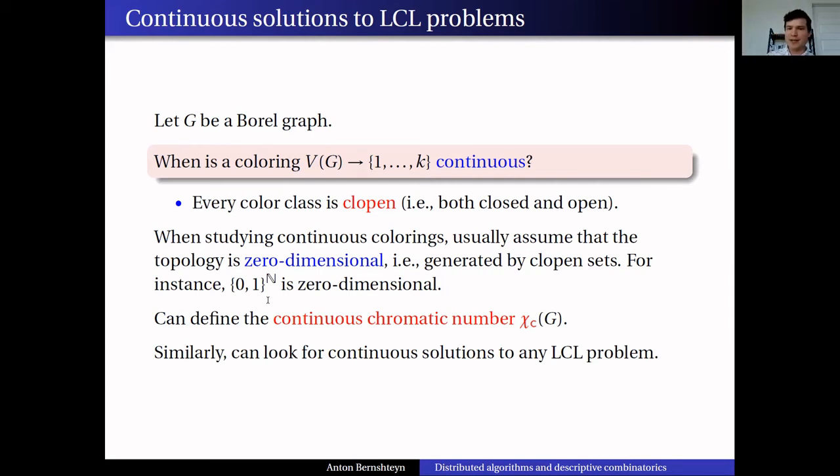So really, it's not hard to make a space zero-dimensional. In this setting, we can define continuous chromatic numbers, for example, chi sub c of G. This is how many colors you need to color the graph so that the color classes are not just Borel, but actually these clopen sets. And similarly, we can talk about continuous solutions to arbitrary LCL problems.